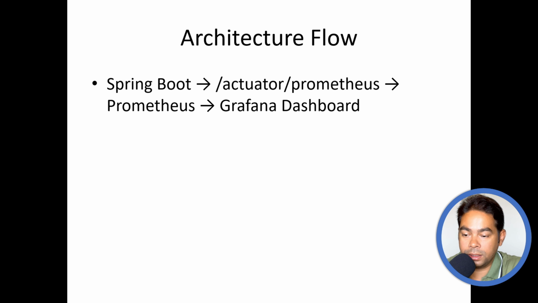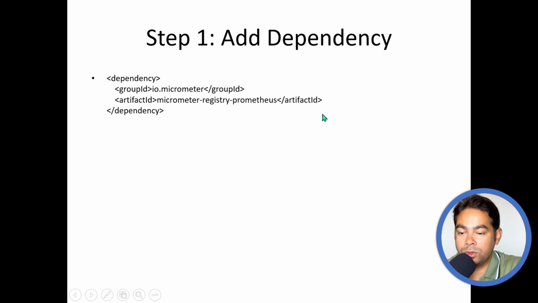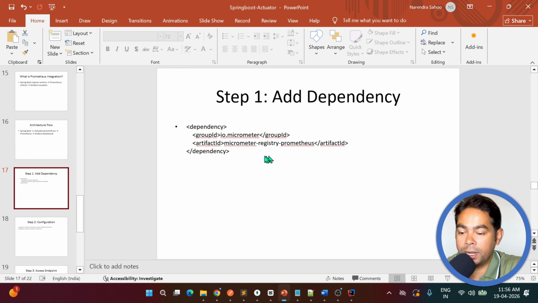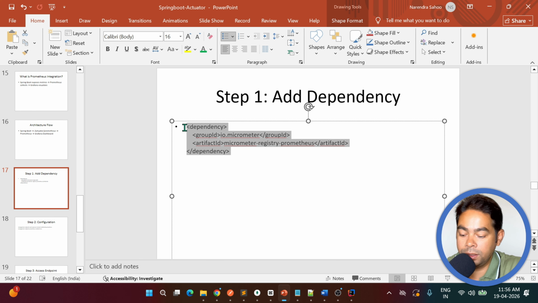So in this session, I am going to explain how to integrate with Prometheus also. Don't worry, that is also very simple. So you see here, as I told you, actuator, then Prometheus, then Grafana dashboard. This is the flow actually. Okay. So to integrate this Prometheus capability, you need to add this dependency. Okay. So this dependency will be added.